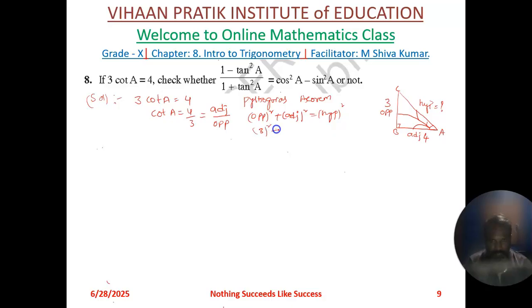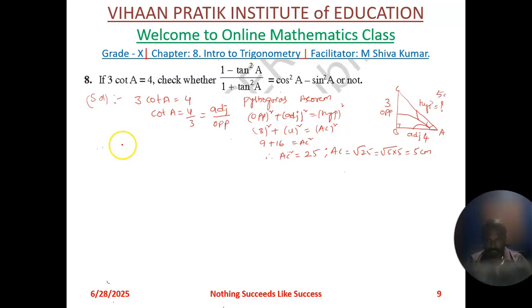So 3 square plus 4 square equals AC square. 3 square is 9, 4 square is 16, equals AC square. Therefore AC square equals 25 and AC equals square root of 25, which equals 5 centimeters. Therefore hypotenuse is 5 centimeters.